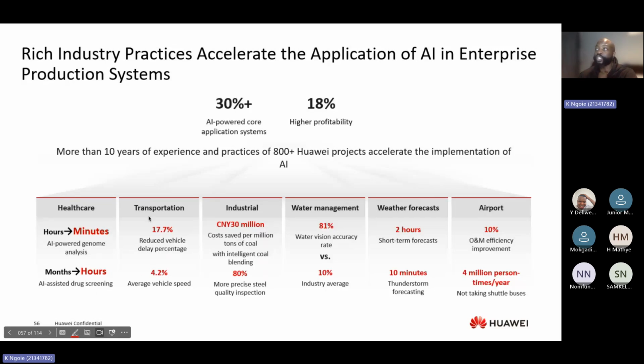In the transportation industry, we have 17.7% in manufacturing cars. So in different industries there has been a very strong improvement, even in airports, weather forecast, water management, industrial. In many fields, AI has really been useful.